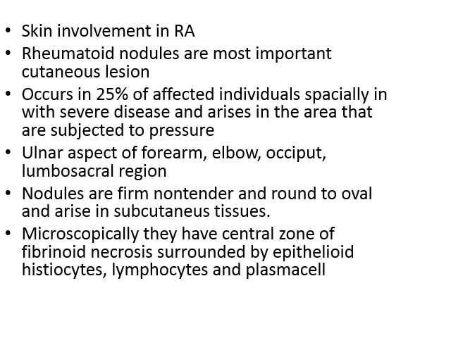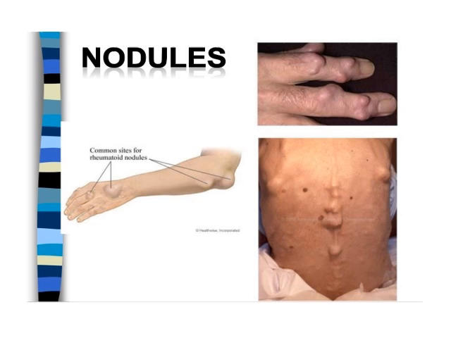They are the ulnar aspect of the forearm, elbow, occiput, lumbosacral region, etc. Nodules are firm, non-tender, round to oval, and arise in the subcutaneous tissues. Microscopically, they have a central zone of fibrinoid necrosis, surrounded by epithelioid histiocytes, lymphocytes, and plasma cells. Now, these are the nodules arising in the elbow, ulnar aspect, lumbosacral region, etc.